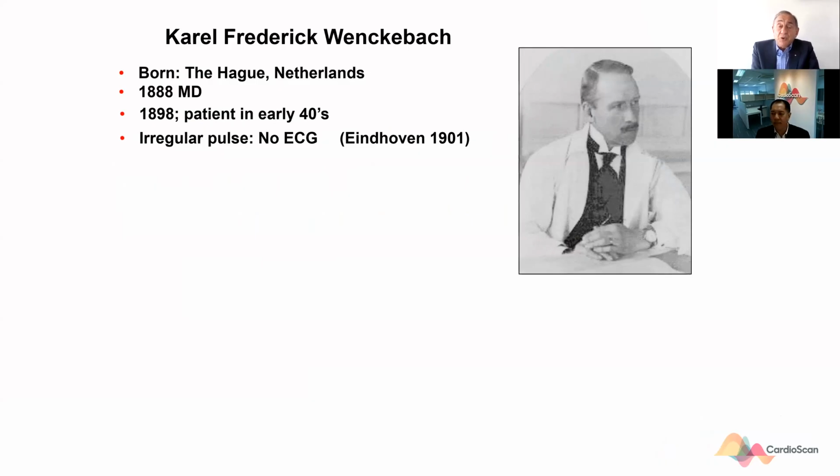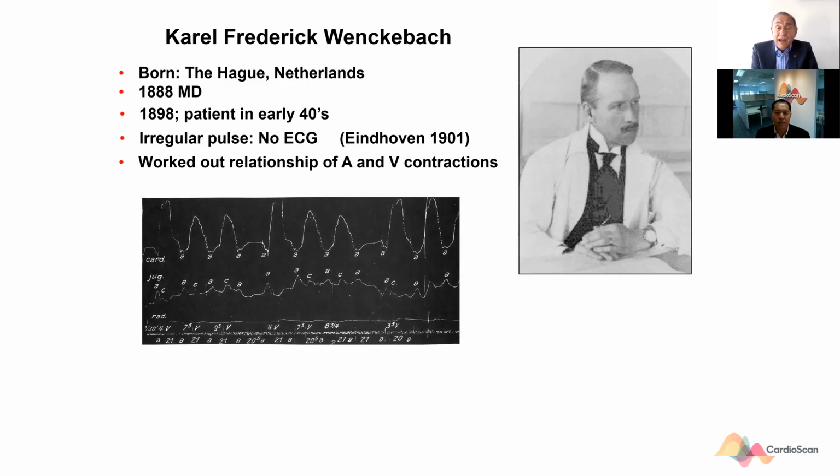Remember, this was a few years before Eindhoven in 1901 designed the first ECG machine and put it into clinical practice. So Wenckebach did not have an ECG machine, but rather he worked out the relationship of atrial and ventricular contractions using a smoke drum.